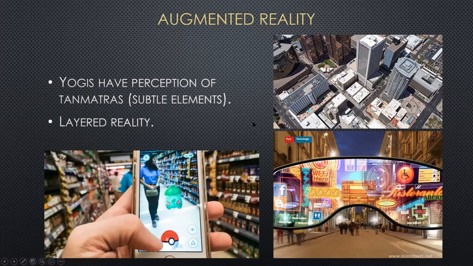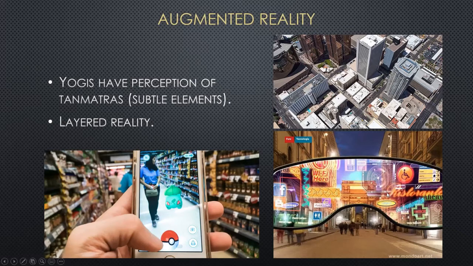But another way of looking at it that I like better is that the yogis have augmented reality. Some of you might have seen these goggles of augmented reality that allow you to see more than there is.